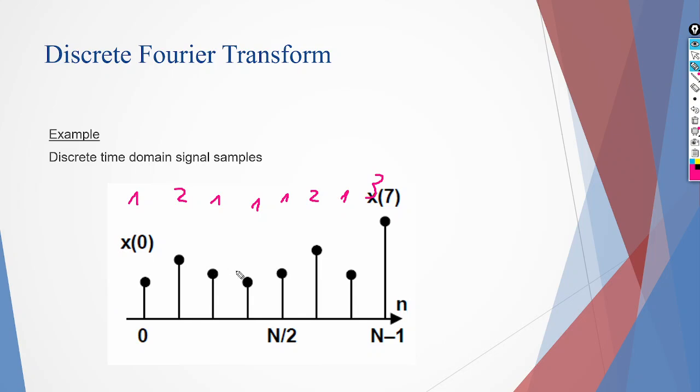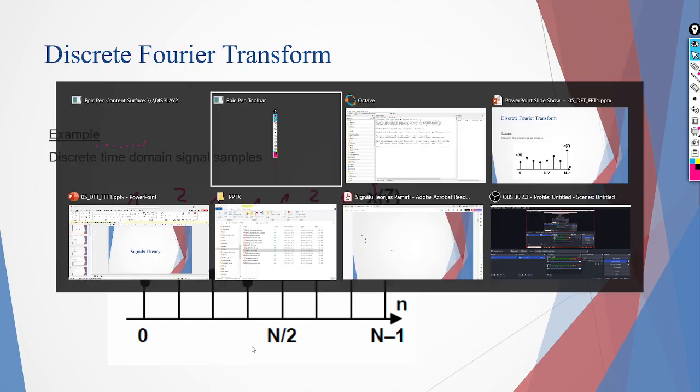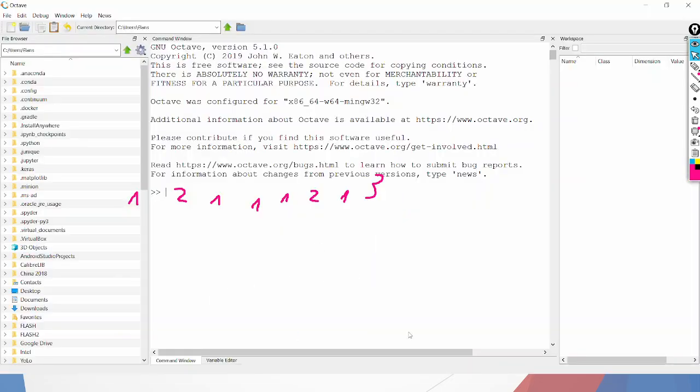Of course, it's more accurate than that, but I have kind of rounded it to an integer. So now I am going to specify this signal as a sequence in Octave, like x small letter, 1, 2, 1, 1, 1, 2, 1, 3.